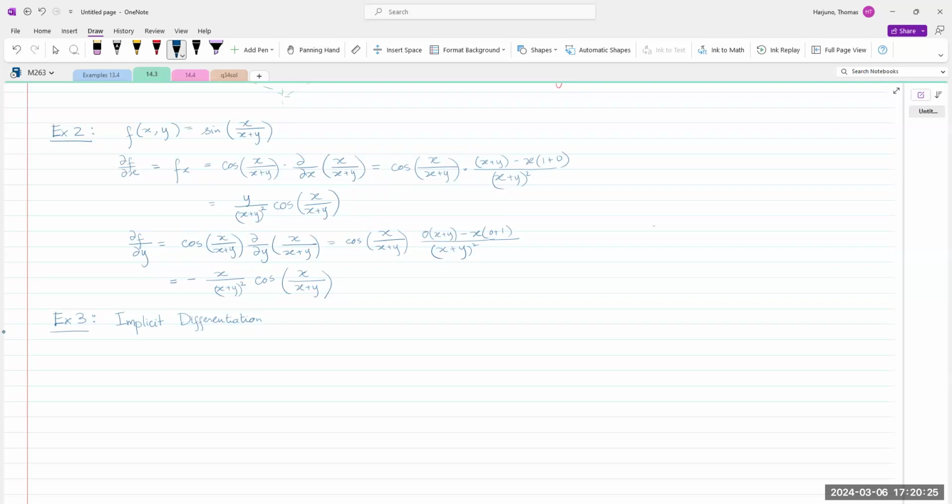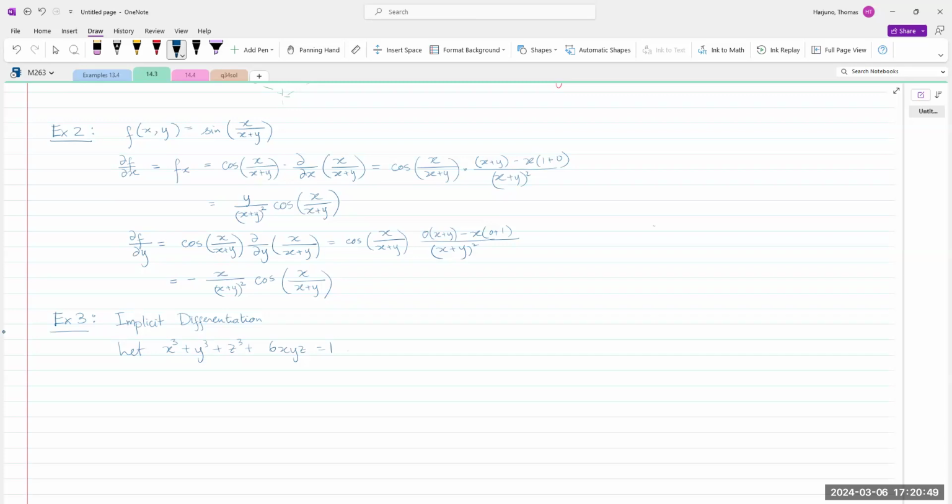So, for example, we have x cubed plus y cubed plus z cubed plus 6xyz equals 1. I don't think this is a function. Maybe not. Actually, it doesn't matter.